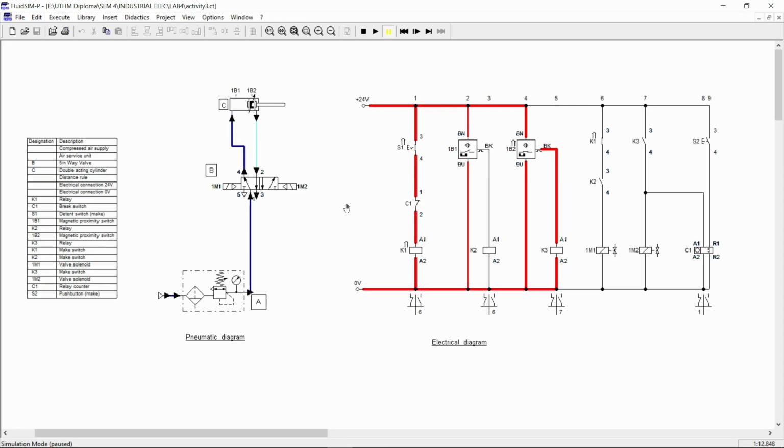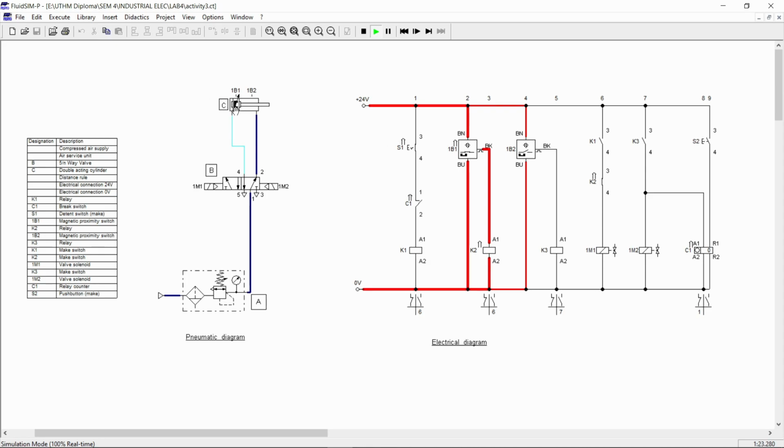Both scan this piston moving right and left. When 1B1 is in the left position, or origin position, at expand, 1B1 is in closed position, and 1B2 is in open position.